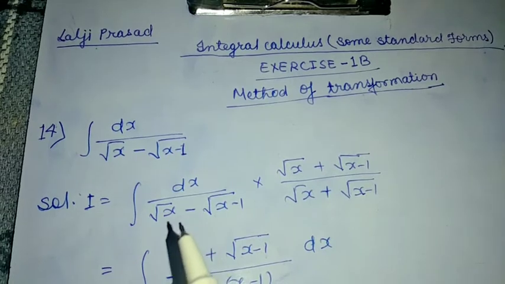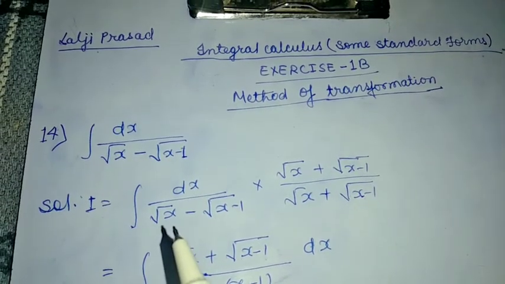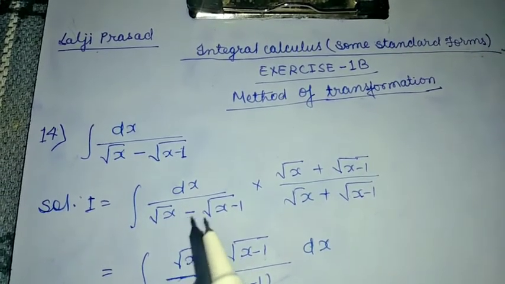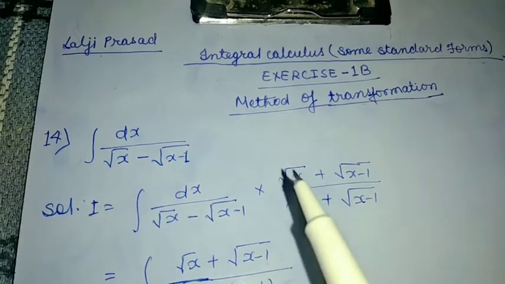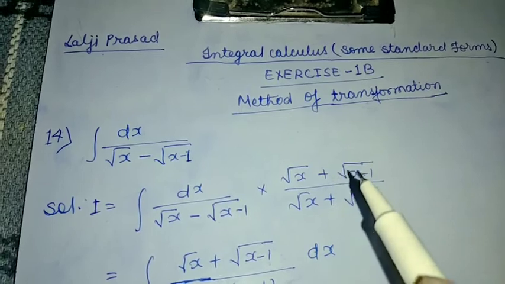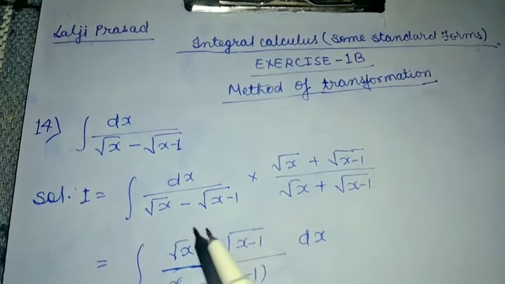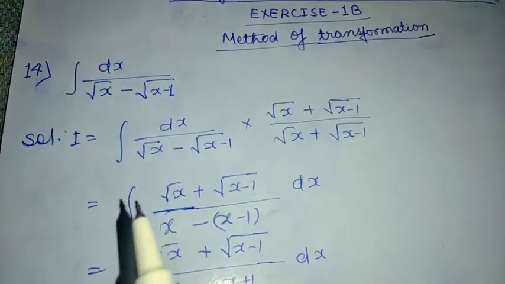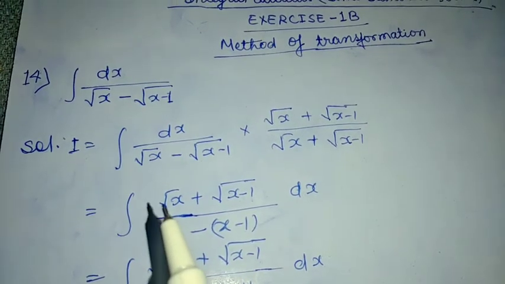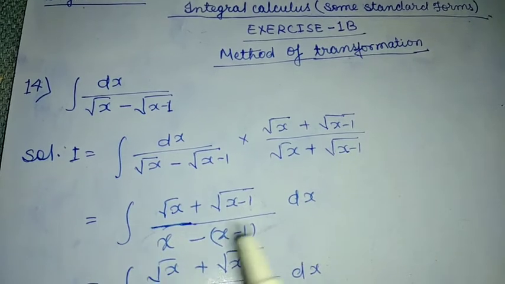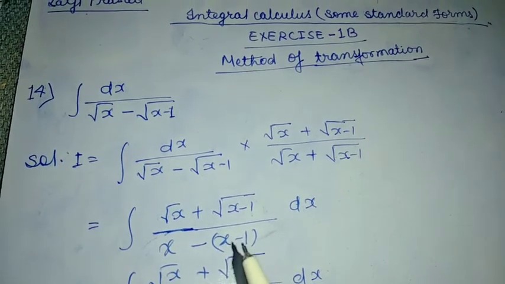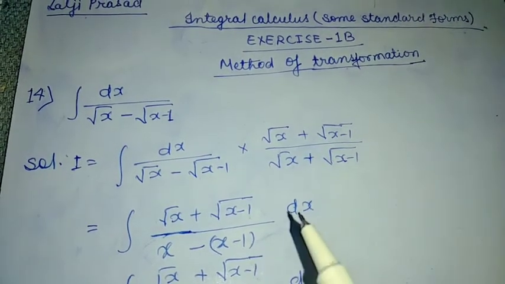So for rationalizing the denominator we have to multiply both numerator and denominator by this term, which is square root of x plus square root of x minus 1. So in the next step we can write it as integration of square root of x plus square root of x minus 1 upon x minus 1 into dx.